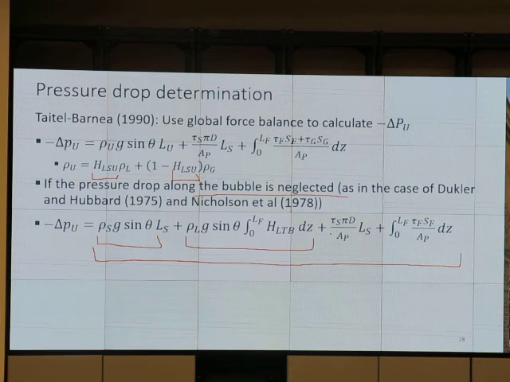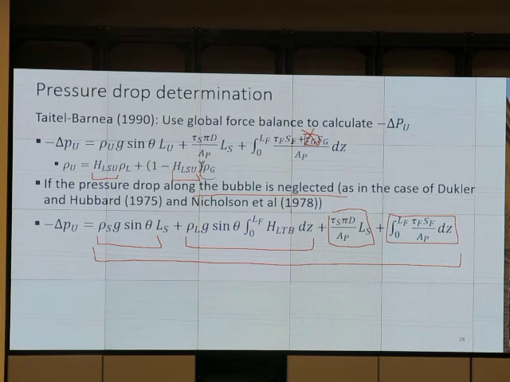It doesn't have anything about gas. And we have friction due to the liquid phase in the slug body, and friction due to the film. Not tau G. Tau G is gone. HLSU most of the time has something to do with rho G, right?